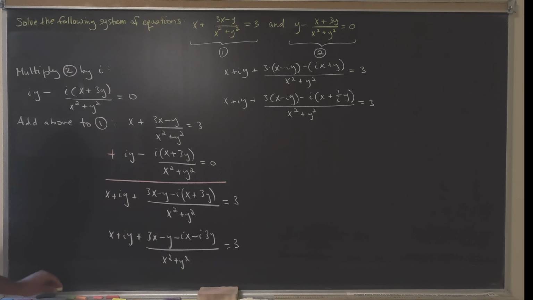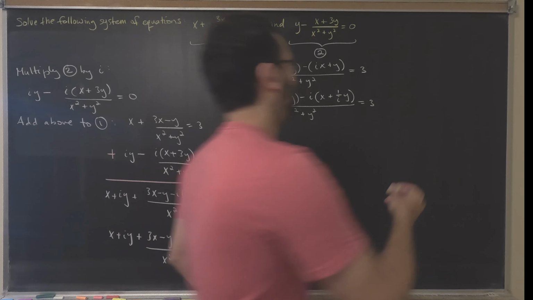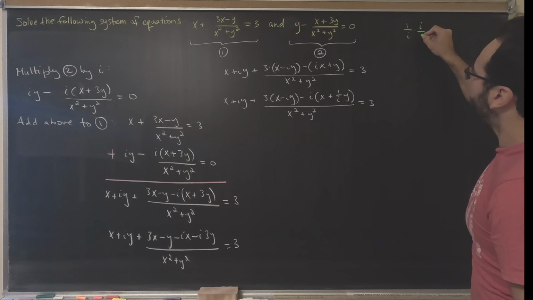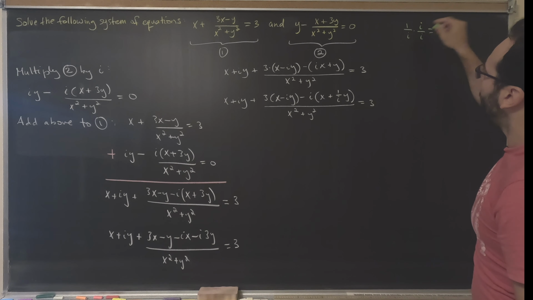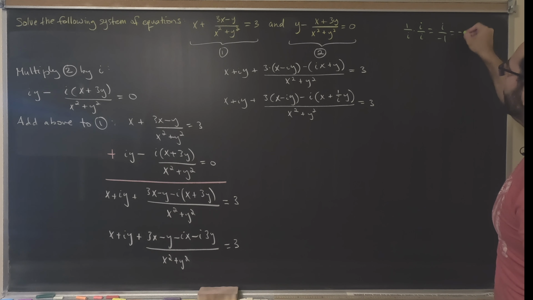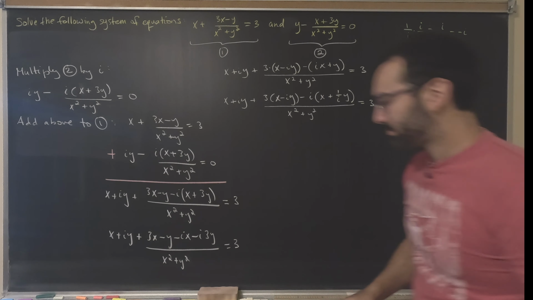But what is 1 over i? If we go off to the side over here, 1 over i, if we multiply that by unity, or i over i, we obtain i over i squared, which is negative 1. And so that's negative i.